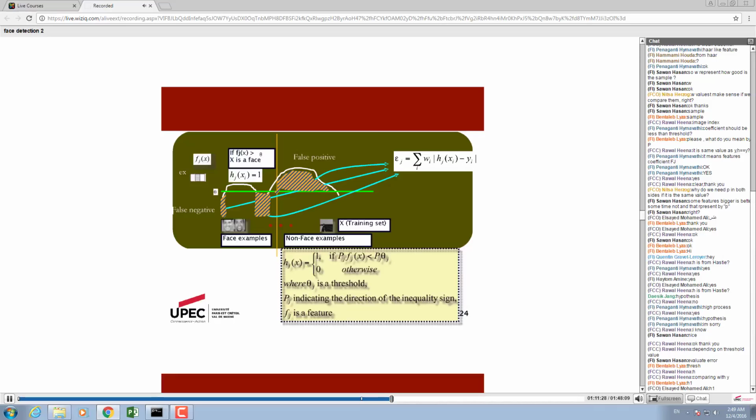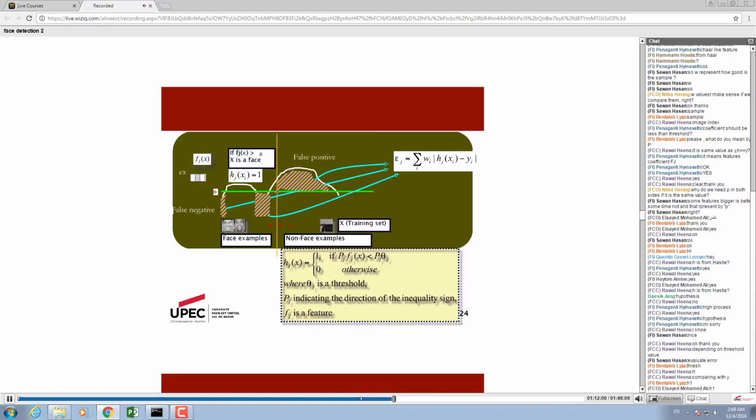Okay. So if this feature and this weak classifier Hj is perfect, then what should happen? The white line on the left side of the yellow line should be all below green.